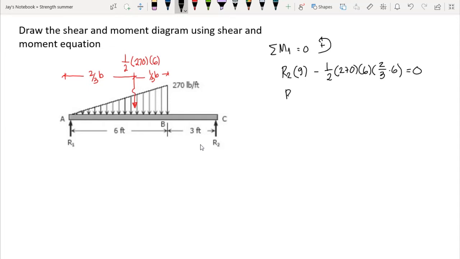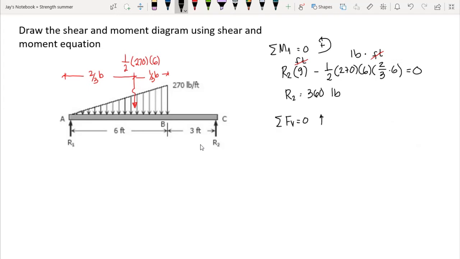So we have our R2 here, 360, and our unit here is in pounds. Since we have pounds and feet, the feet cancel out, so the remaining unit would be pounds.